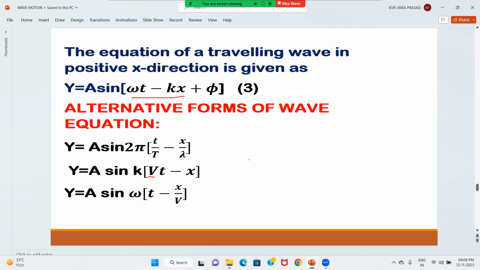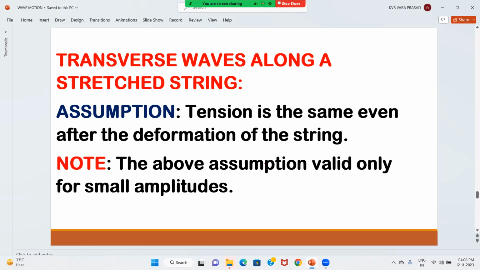The velocity of the wave is given by ω/k, and we discussed this. So it becomes k(vt − x). Or if you take ω outside, it becomes (t − x/v). I will discuss this one in the next slide. Right.